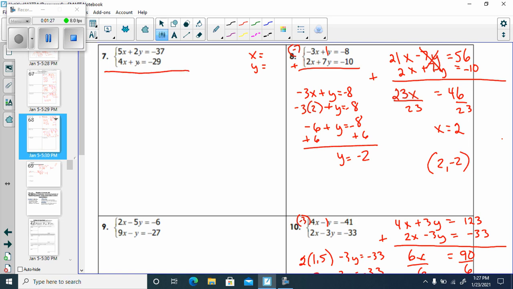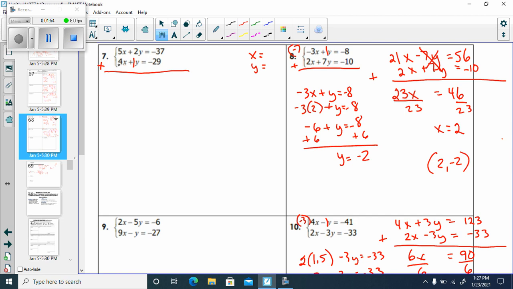We're going to eliminate one of the variables. If I look at the coefficients, I have 5 and 4 here. I have 2 and an understood 1 here. None of these match. So I'm not going to be able to just directly add and subtract these two equations, and I'm not going to be able to multiply one equation by -1. I'm going to have to do something more.